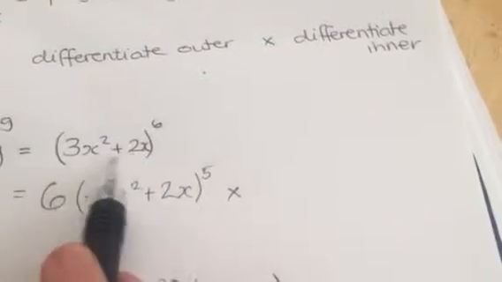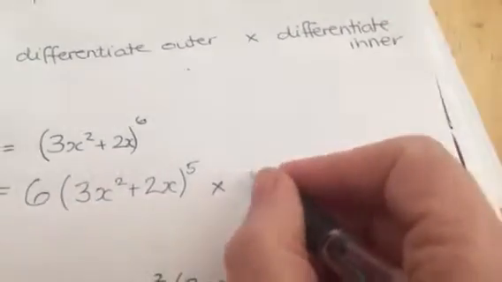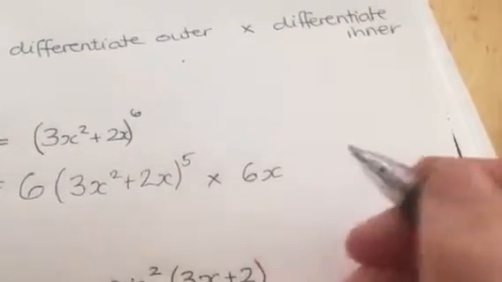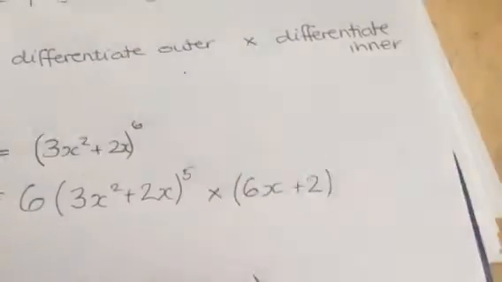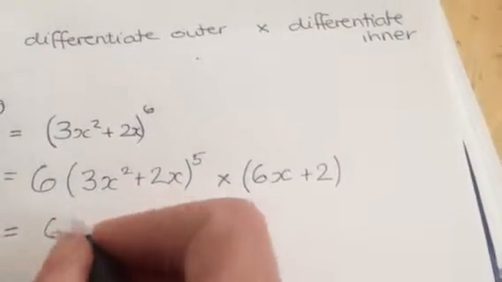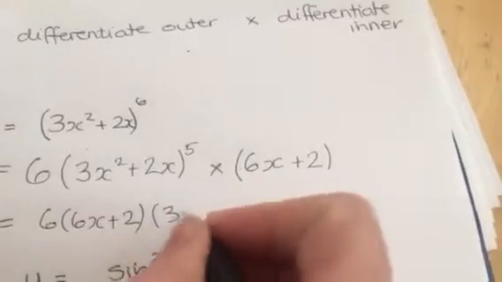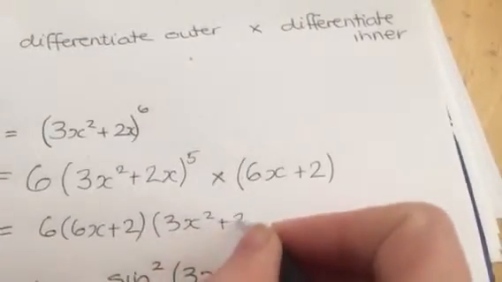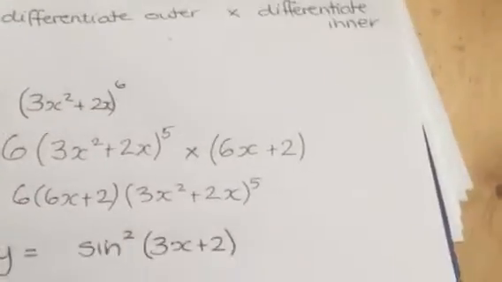So I need to differentiate 3x squared plus 2x. 3x squared, I get 6x, differentiate 2x, I get 2. Make sure you put your bracket round that. So that gives me 6 lots of (6x plus 2) multiplied by (3x squared plus 2x) to the power of 5. So you then tidy it up.